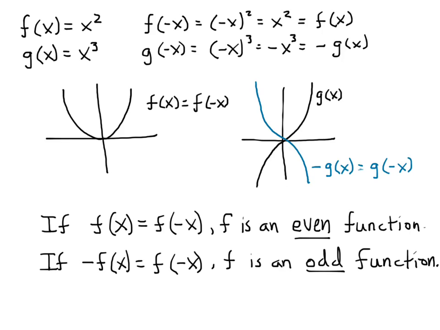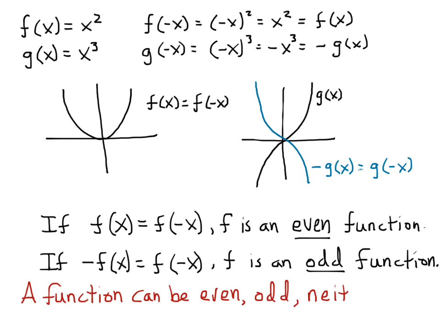Of course, functions can be even or odd, or they can be neither. Probably most functions are neither, right? They do something else. But these have a special characteristic that we call even and odd functions. Now, there is no function that is both even and odd, okay?